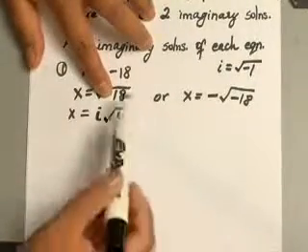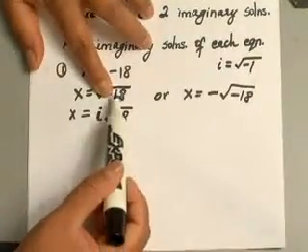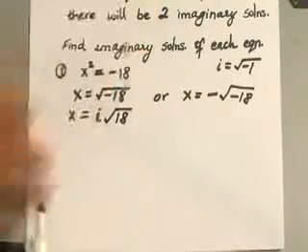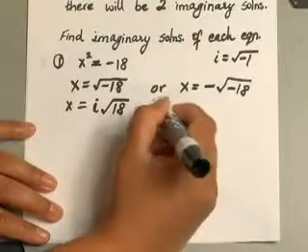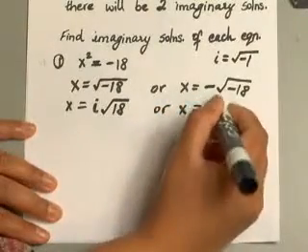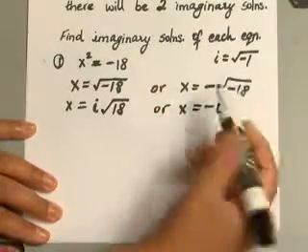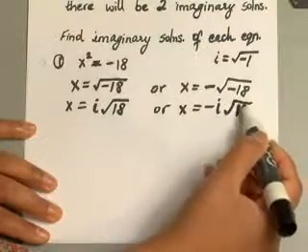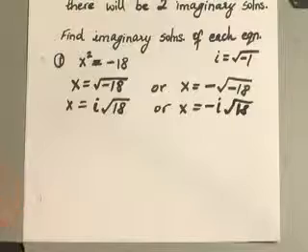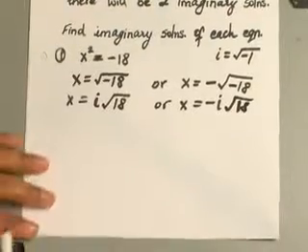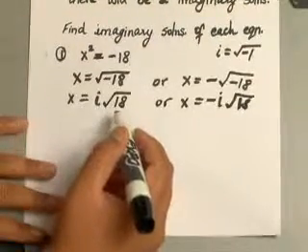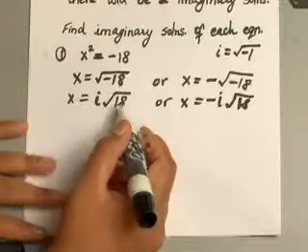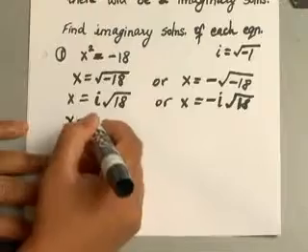This part disappears and becomes i, and all you're left with now is a positive square root of 18. And of course you can do the same thing on the other side. You have that minus, then this negative here will become i, and you are left with positive square root of 18.